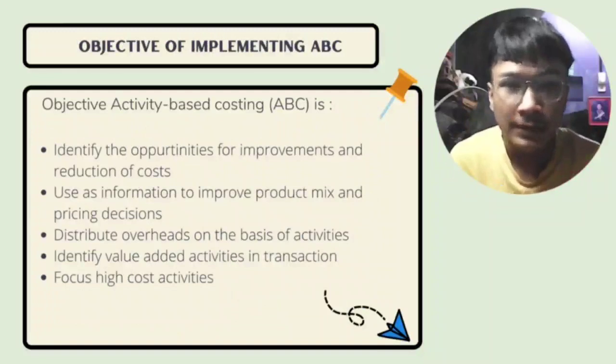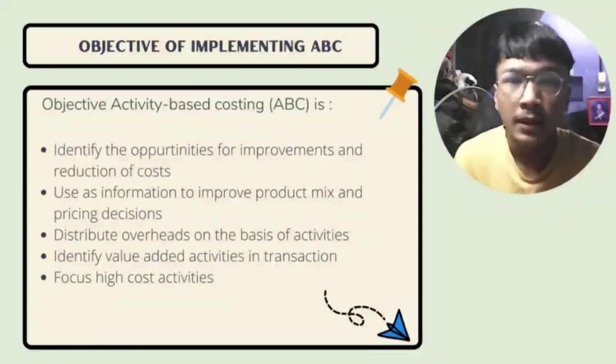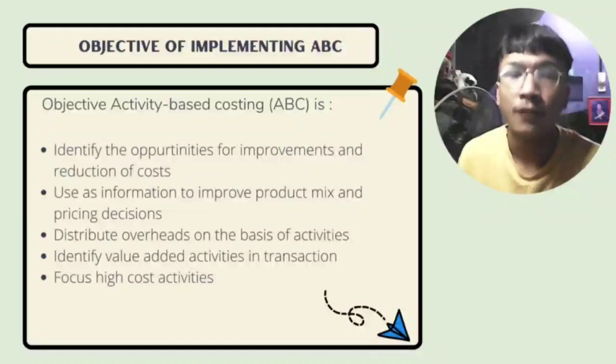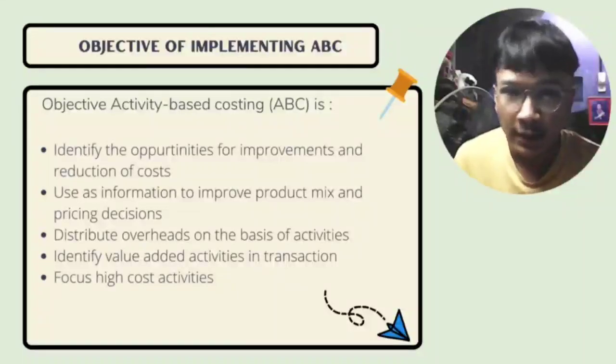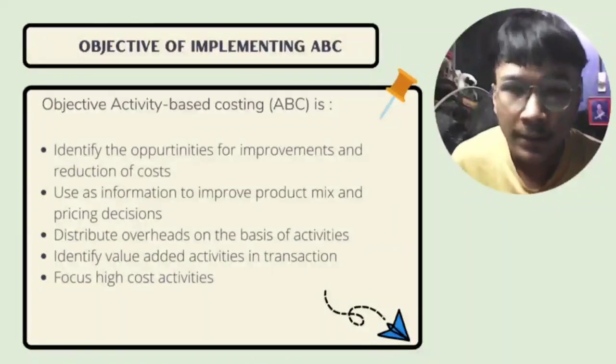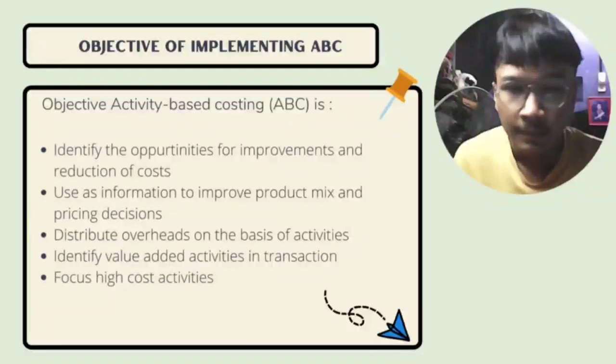For the next part, the objectives of implementing activity-based costing. For the first one, activity-based costing is really helpful to a firm to identify opportunities for improvements and reduction of costs. Other than that, activity-based costing can also be used as information to improve product mix and pricing decisions.